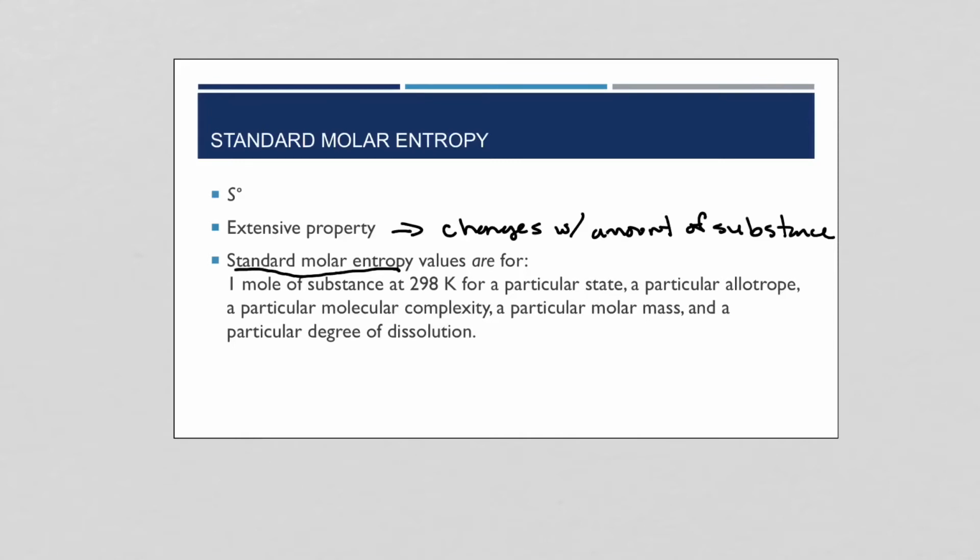So these are things that can affect the value of the entropy. So in the table, we'll specify certain things. We'll specify the state that it's in. Is it in solution? Is it a particular allotrope? And of course, complexity and molar mass are determined by the chemical structure. But those things can influence the entropy. And in a little bit here, we'll talk about how these things will influence the entropy.